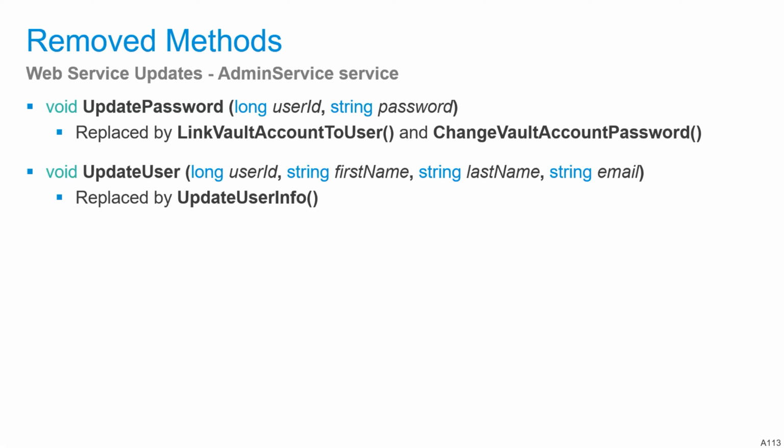And also the update user method was removed, and it is replaced by the update user info method, because all necessary information we can update with update user info for now.